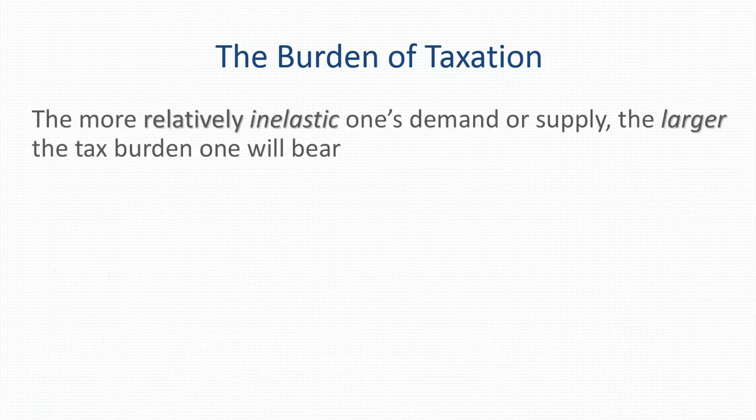So if the question is, who bears the larger burden and what causes them to bear that larger burden? The answer is to look to the relative elasticities of demand versus supply. What we'll see is the more relatively inelastic demand or supply is, the larger the tax burden that that group, demanders or suppliers, is going to bear.